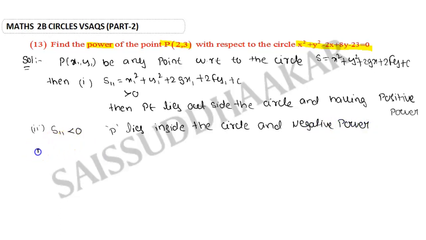And condition number 3: S11 is equal to 0, P lies on the circle. In this condition, there will be no power.